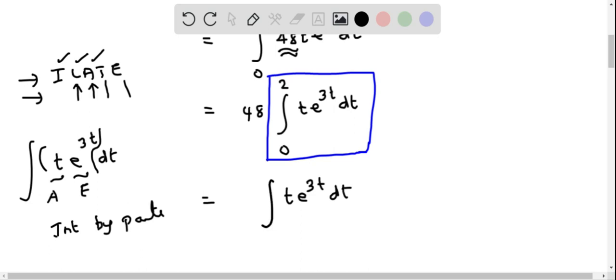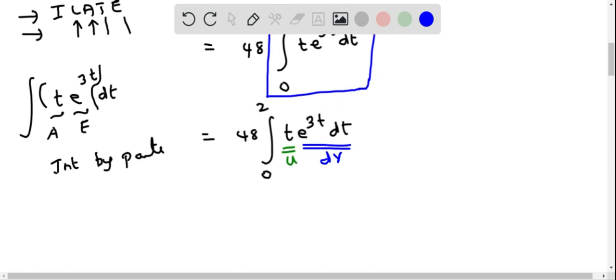We consider this t as u, according to the ILATE rule, and the rest of the terms we consider as dv. So now we have chosen u as t and dv as e raised to the power of 3t, and we will also utilize the integration by parts formula.